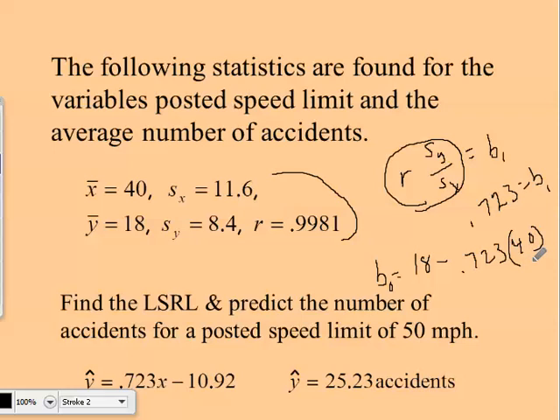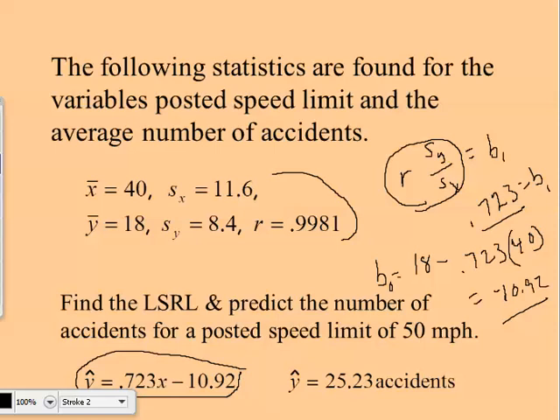So if I key that into my calculator, 18 minus 0.723 times 40, and I get negative 10.92. So there's my b1, there's my b0, and that's exactly what I've got right down here for my y hat.